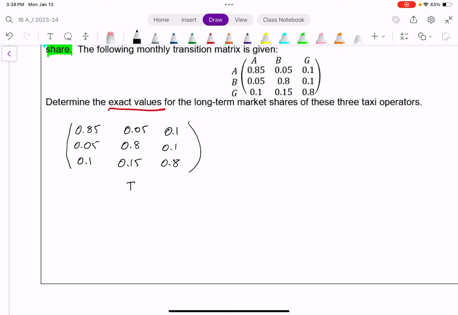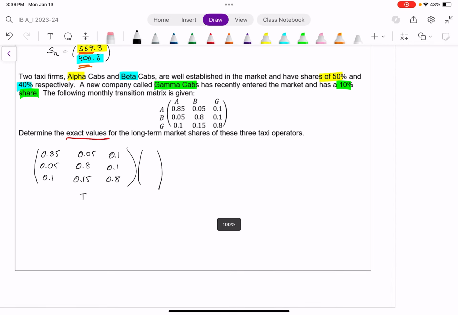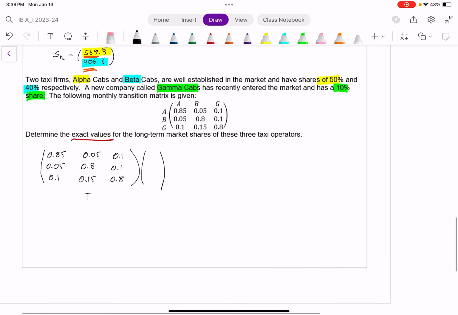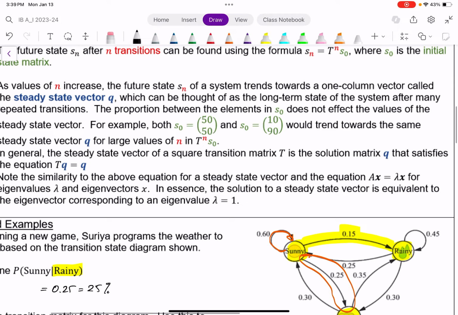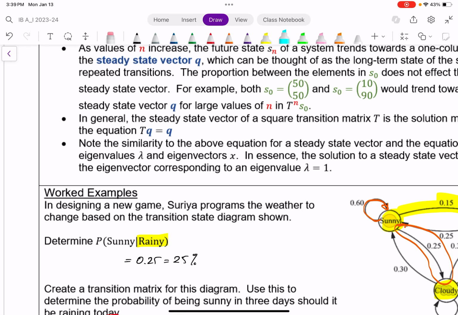This is like T. If I want to find the long-term value, then I can come back to this idea, which I actually mentioned in my notes. Where are they? Right here. Your steady state vector is the equivalent of taking your transition matrix, multiplying by some vector that ends up at the same point.